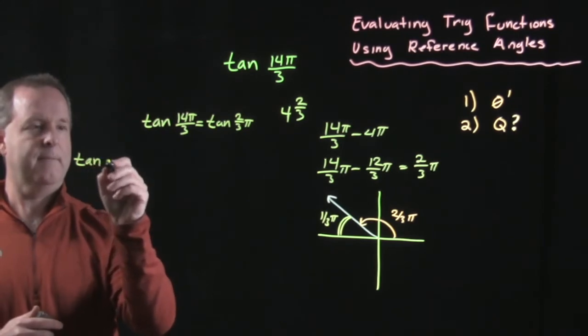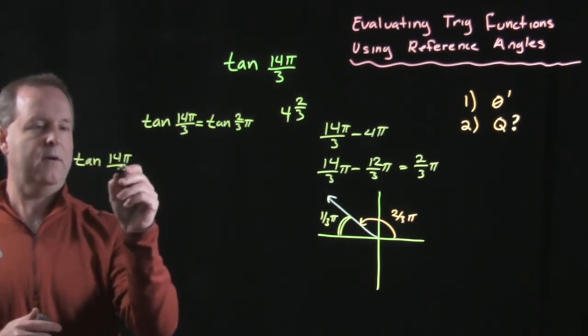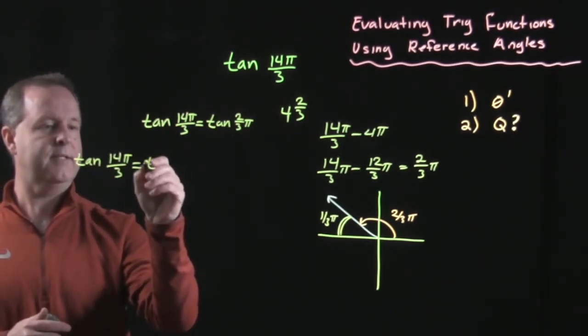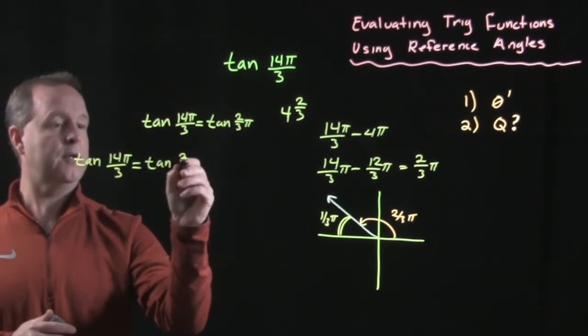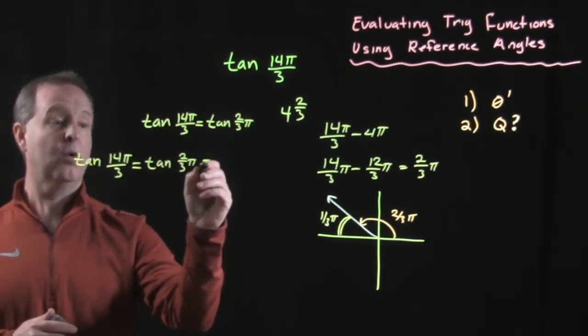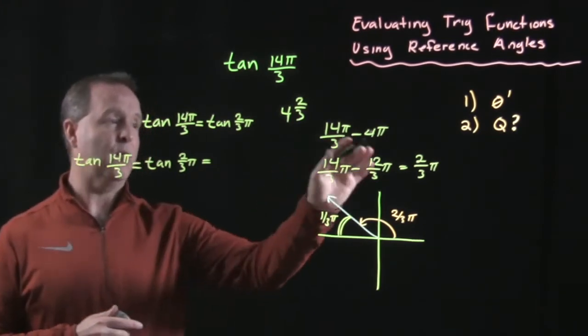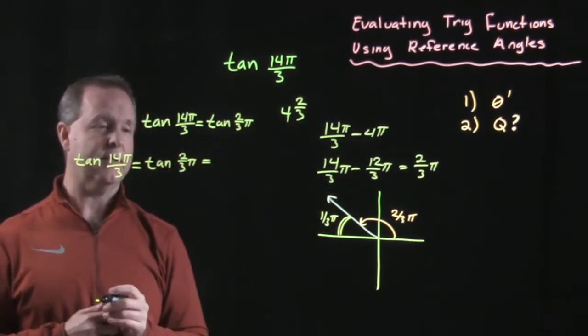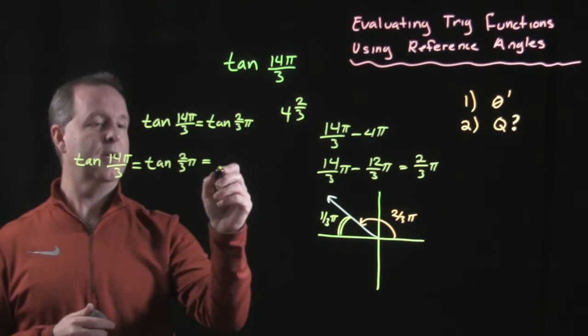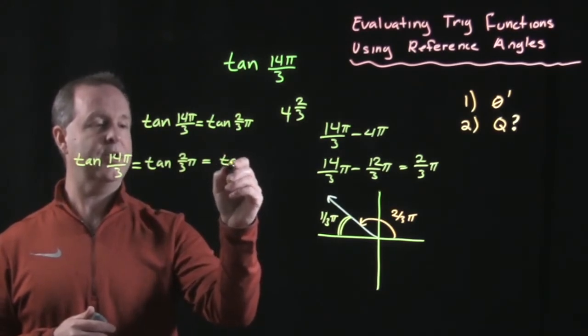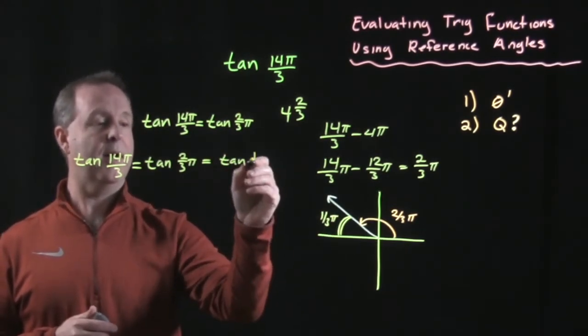So the tangent of 14 pi thirds is equal to the tangent of 2/3 pi, which equals, remember, reference angles equal their beginning angle, the tangent of 1/3 pi.